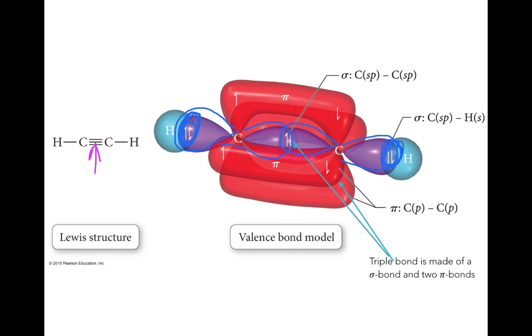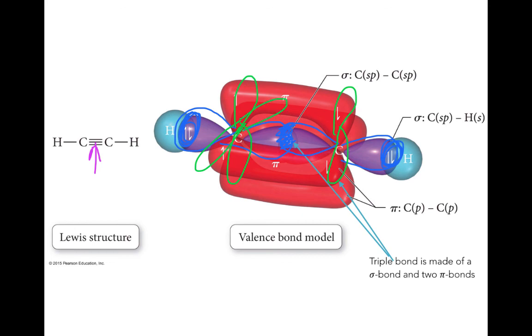So these outer ones are being used to overlap with the hydrogens to form that sigma bond. The two hybrid orbitals pointed at each other on the carbons are overlapping there to form a sigma bond between the two sp's. And then we've got these unhybridized p's, one there, one here, one here, one there, and we've got them 90 degrees offset from each other as well.